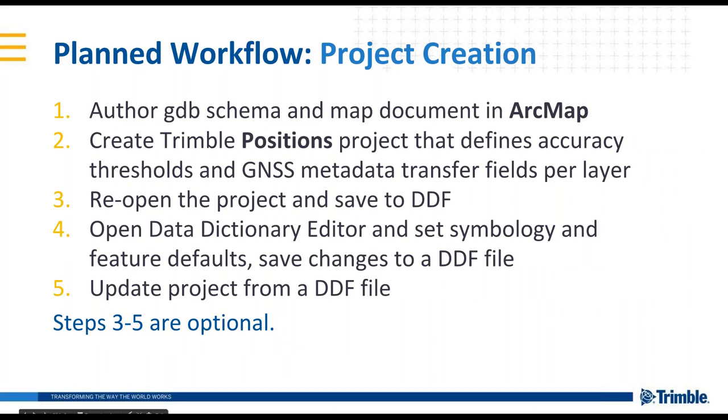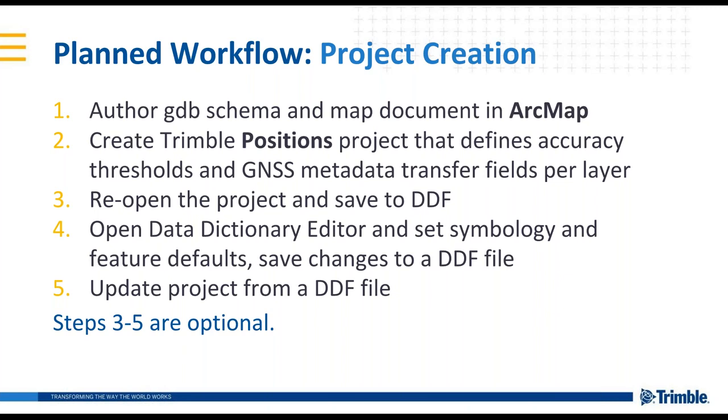All right, so I've broken the planned workflow up into 2 steps. One is the initial project creation, which you would do, presumably, a few times, maybe once to get the project started. And then the second step would be the day-to-day workflow. So from a project creation standpoint, and I'll walk through this in the demo, the first step would be you'd author your geodatabase schema and your map document in ArcMap, like you normally would.